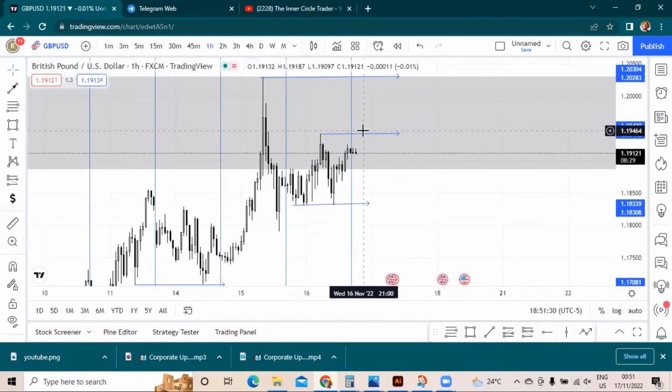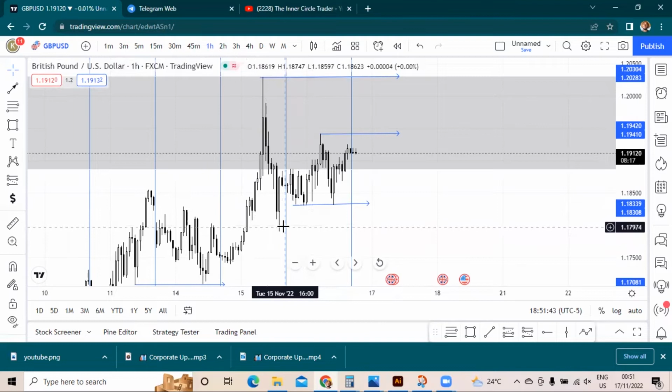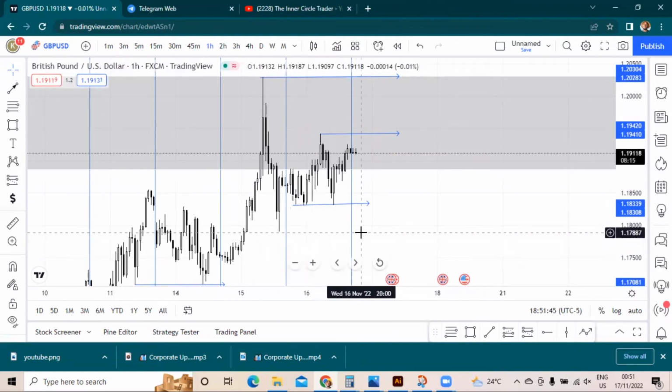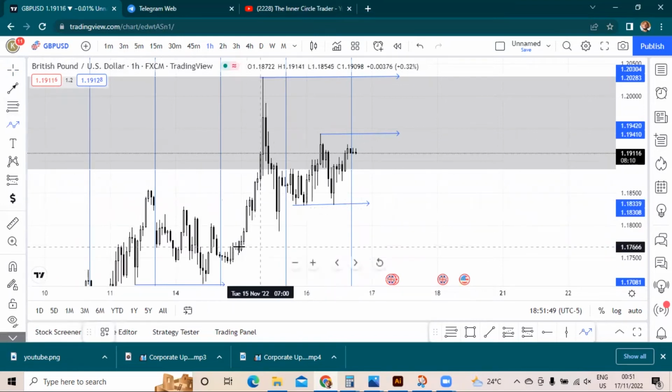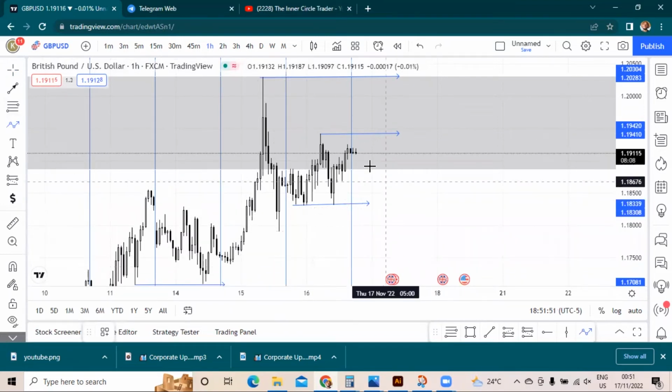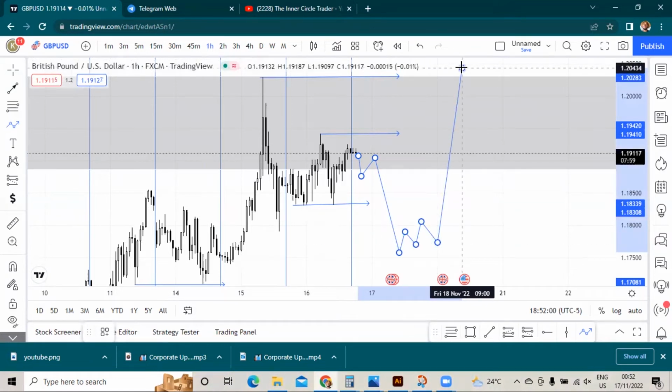If price does not clear this, but clears this first, you should look for a way to get involved with buys from maybe an old FVG or something lying open right there. If there is nothing, you could look for a market structure shift. What I mean by market structure shift: if there is nothing like a fair value gap lying here, you could clear this SSL, look for a market structure shift like this, and look for buys aiming towards this area.